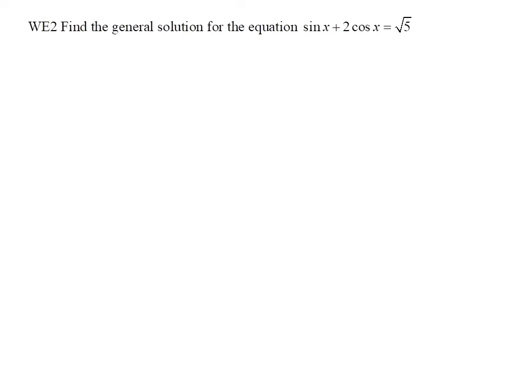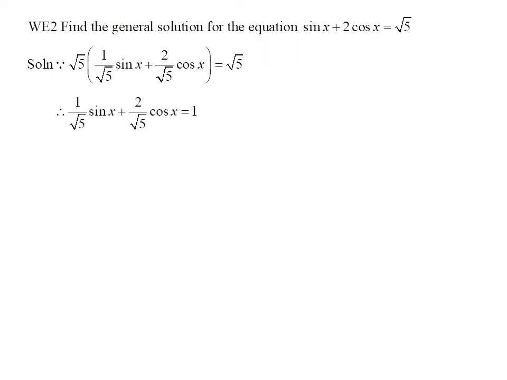Example 2 is to find the expression of the general solution for the equation of sine x plus 2 cosine x equals square root 5. First of all, we need to simplify the left-hand side of the equation to a single trigonometry function using addition formula.